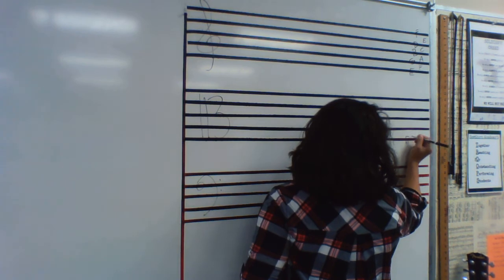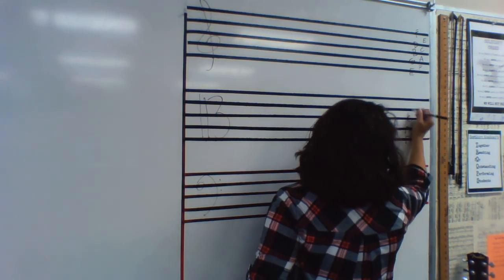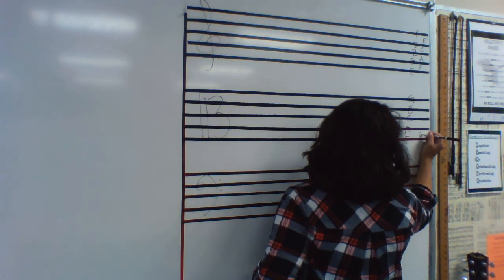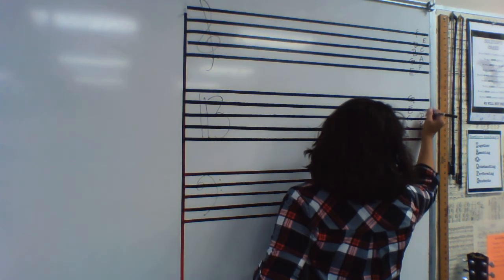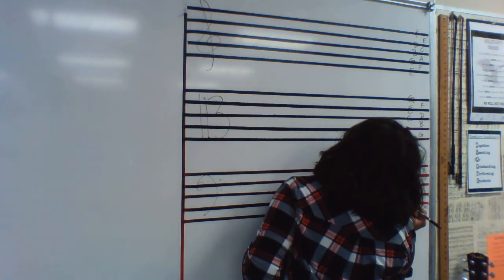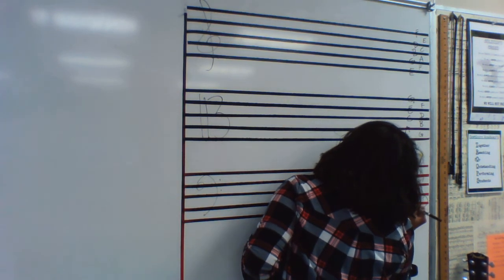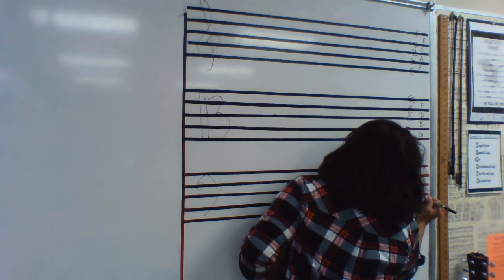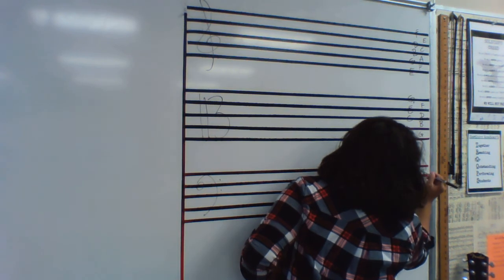Our lines spell F A C E G, and the spaces are Good Boys Do Fine. And in the bass clef, our lines spell Good Boys Do Fine Always, and the spaces All Cows Eat Grass.